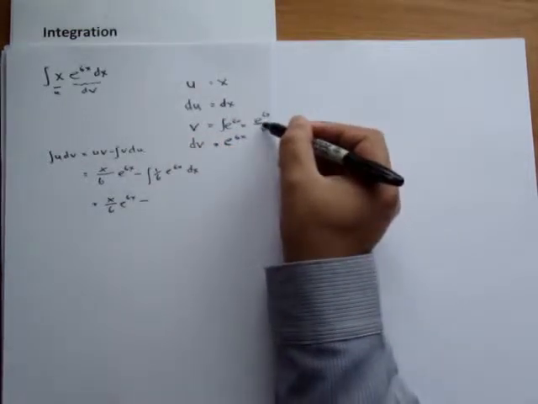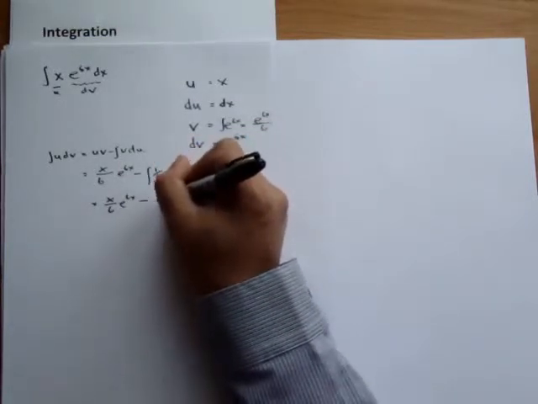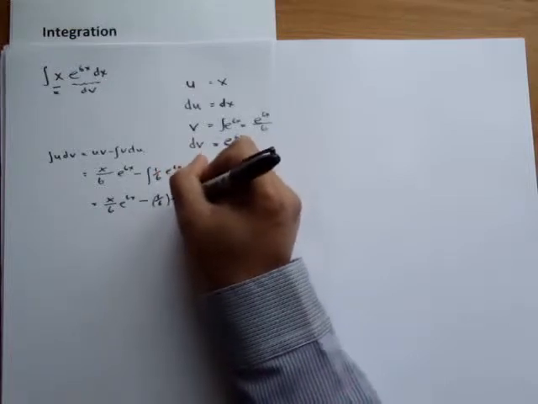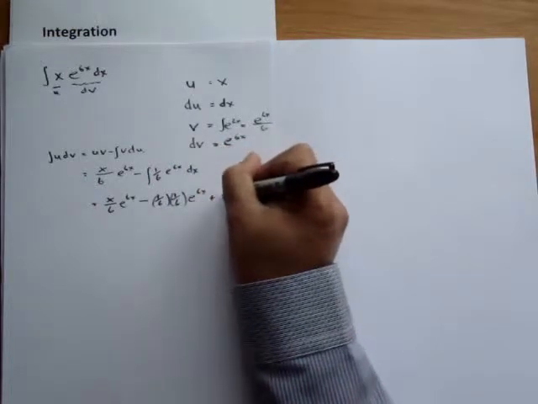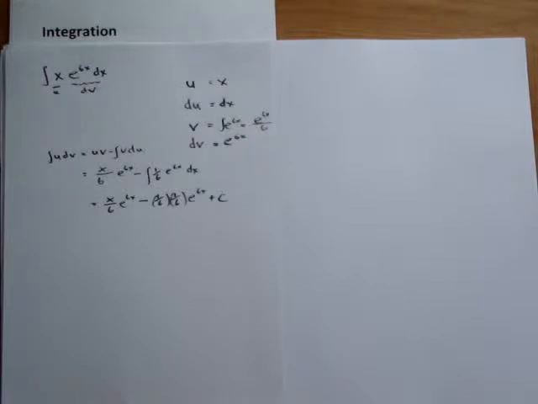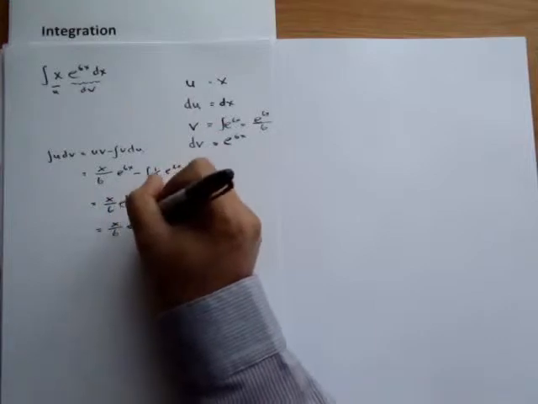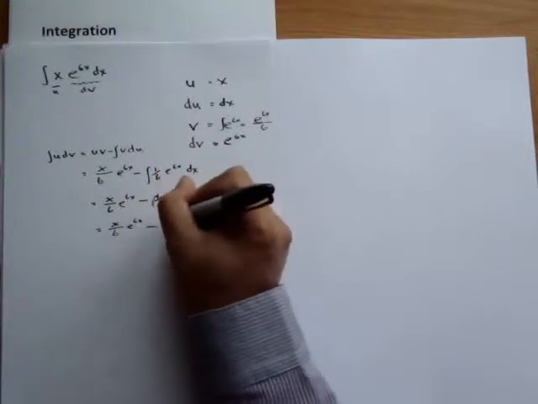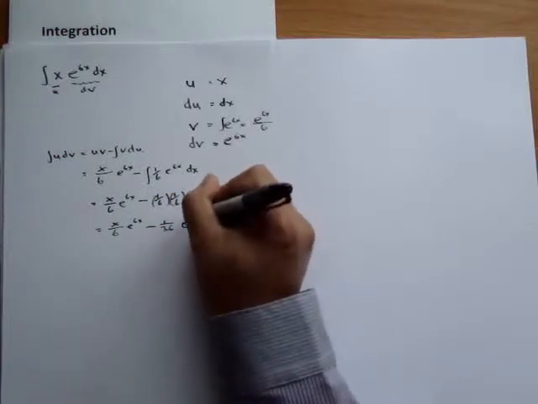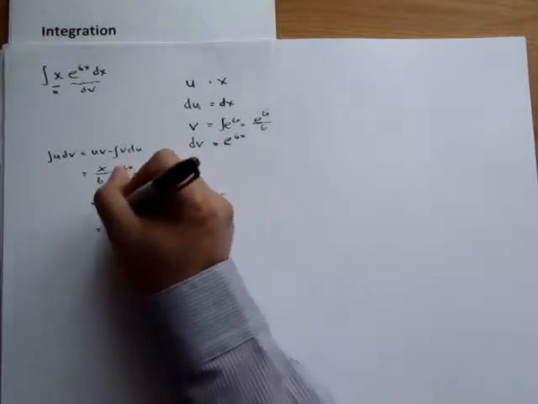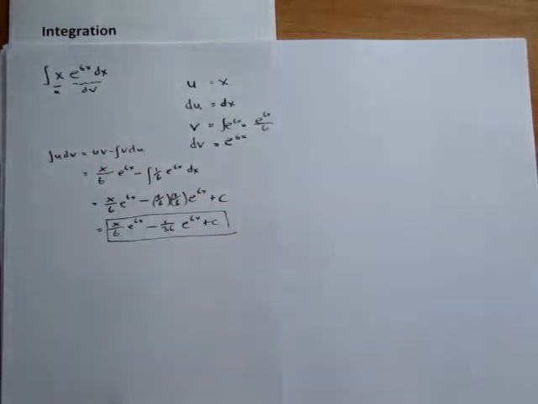We already have 1/6 e to the 6x, so this becomes 1/6 e to the 6x plus c, or x over 6 e to the 6x minus 1 over 36 e to the 6x plus c. And that is our answer.